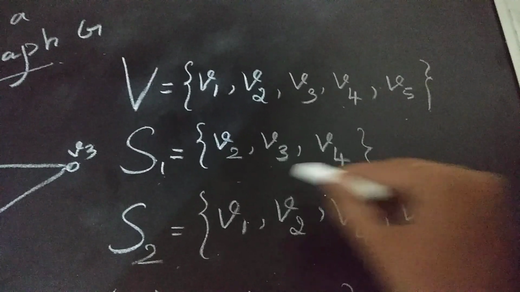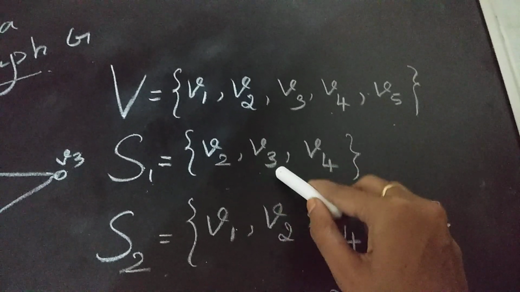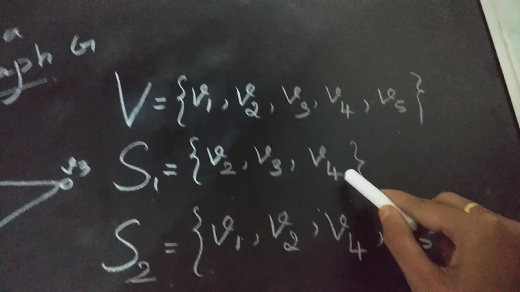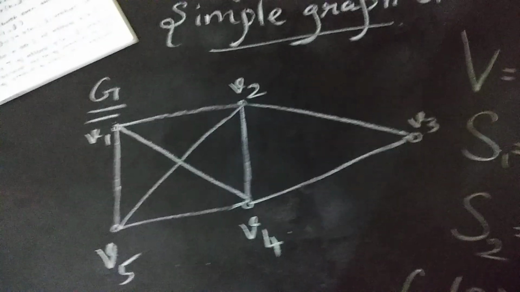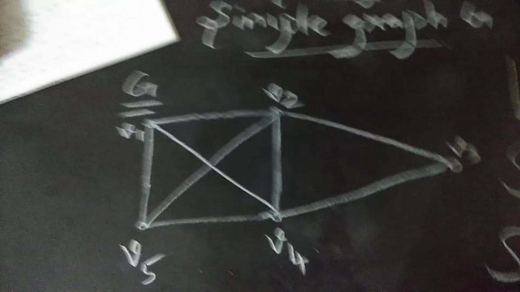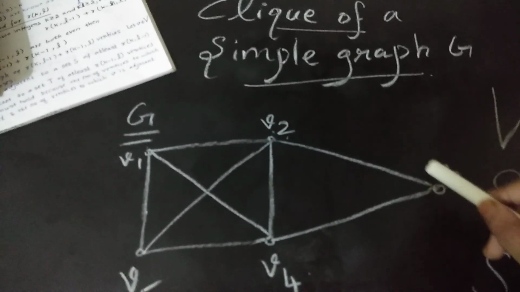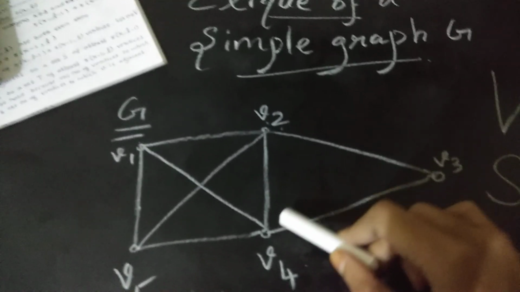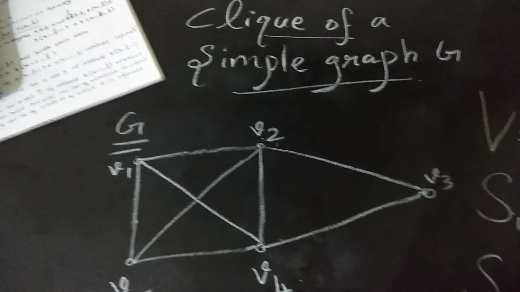In this subset you have how many vertices? 3 vertices. What are they? V2, V3 and V4. These are the vertices you can see in subset S1.